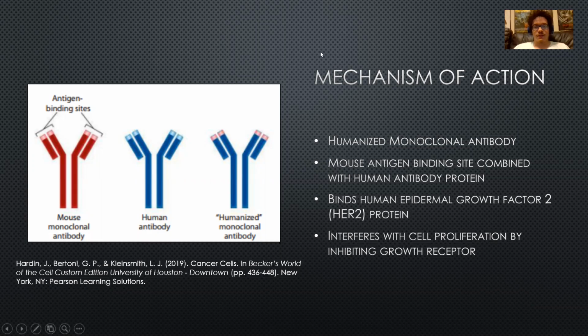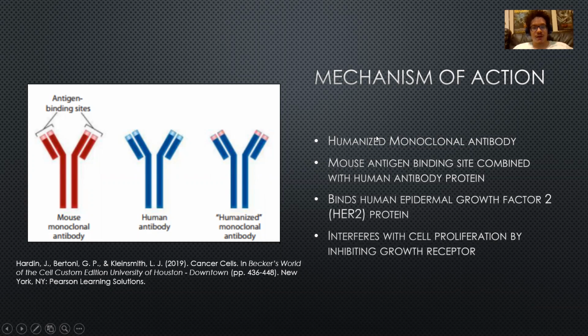So what is done to create a humanized monoclonal antibody is we take the antigen binding site of a mouse monoclonal antibody, and then we combine it with a human antibody, so we attach just the part that binds to the antigen that we want, combined with the rest of the body of a human antibody, and that way it prevents our body from rejecting and targeting this antibody for attack.